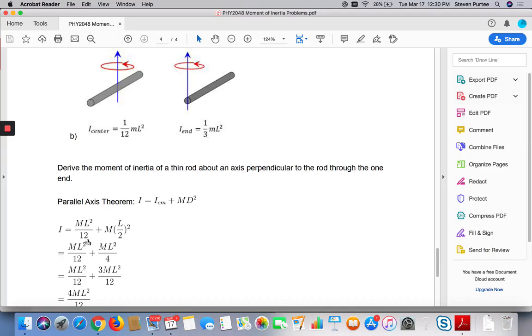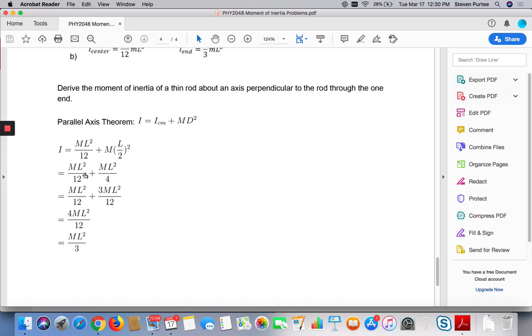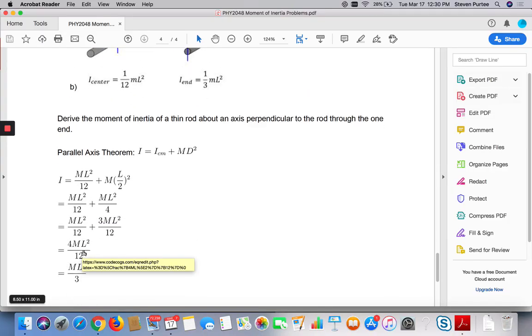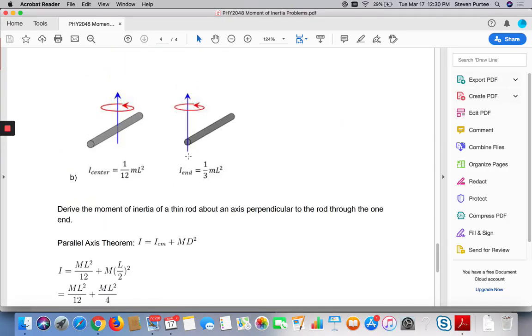So here's my center of mass moment of inertia, plus m times the distance I move the axis squared. And now we just clean up our fractions, get a common denominator, and we get this value here. So that is the moment of inertia around this axis. Notice this one is bigger than this one. It's harder to make this rod rotate around an endpoint than it is to make it rotate around the center.